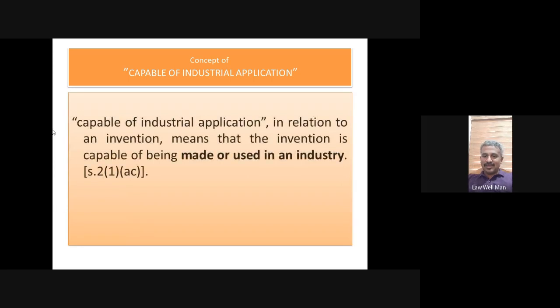I'm repeating it because I want to underline that. The definition goes like this: capable of industrial application or utility would mean, in relation to an invention, that the invention is capable of being made or used in an industry.